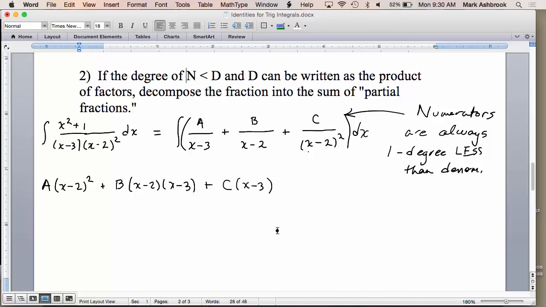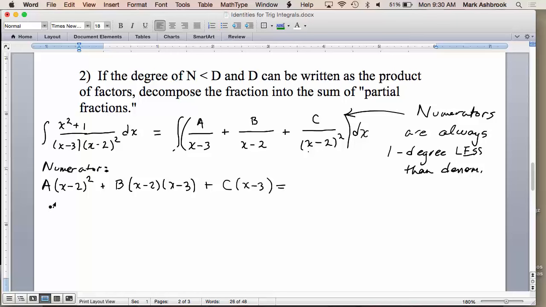So that's what the numerator would look like if I added those fractions. So let's note that. This is the numerator. We know what the denominator is. It's going to be this. Okay? And so here we go.